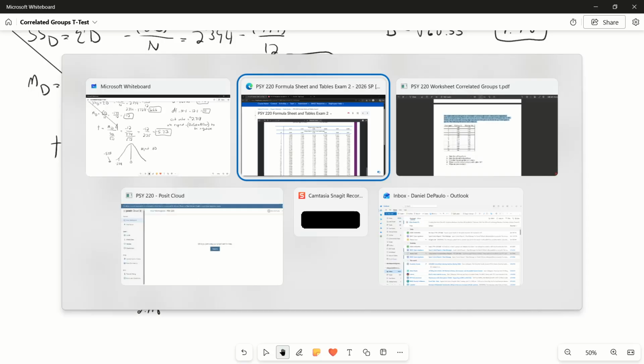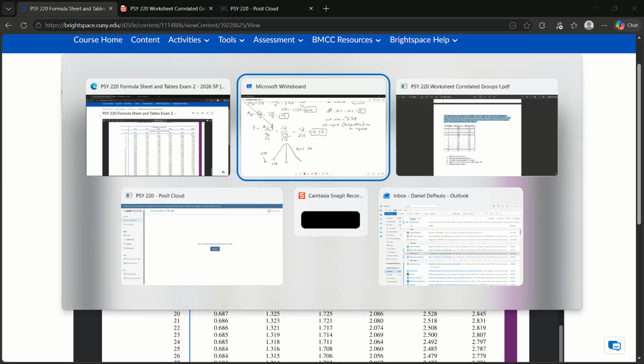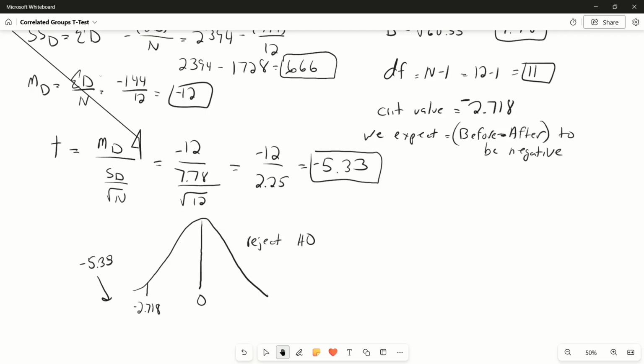So we reject the null hypothesis, and when we reject the null hypothesis, we claim that there is an increase in IQ at age 11 compared to age 3. So these kids that are highly creative show an increase in IQ. And that was done at the 0.01 level, right?